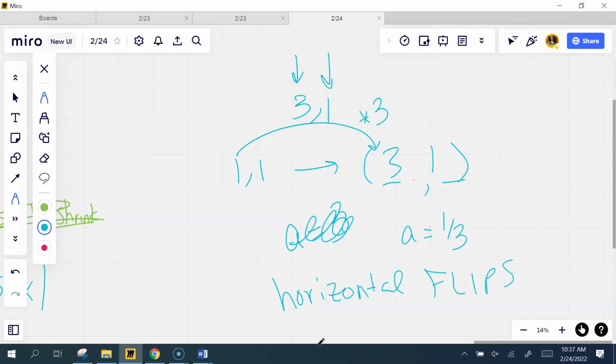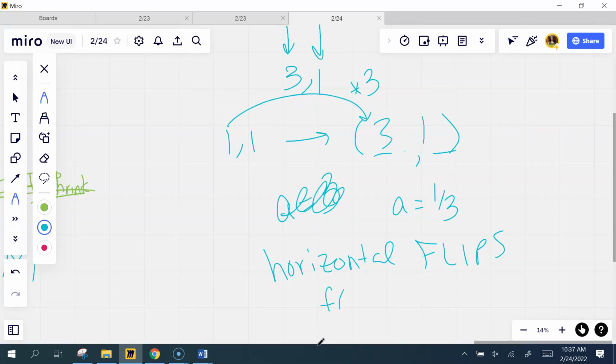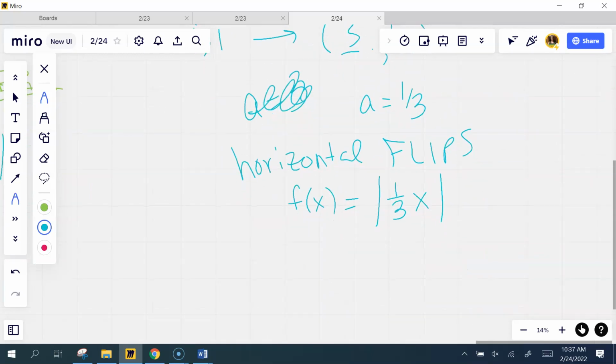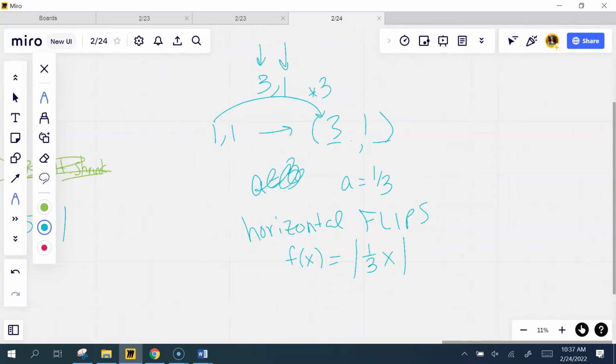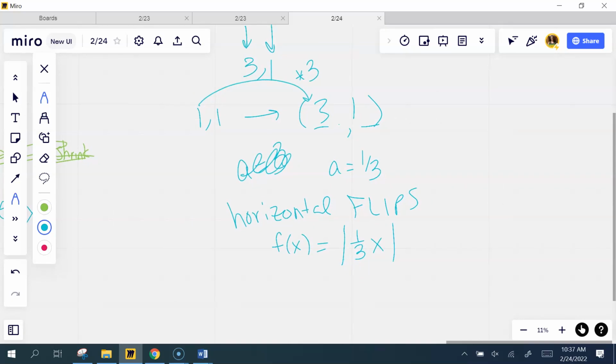So my equation for this one would be inside, but it would be 1/3 x, because it's horizontal. Let me do that so you can see it all.